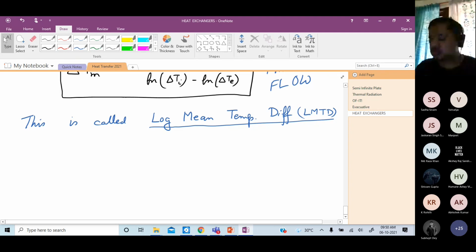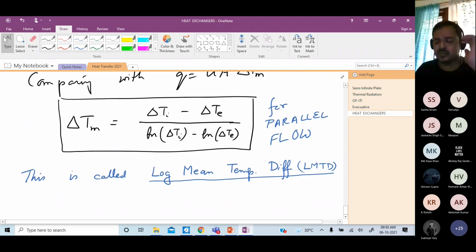So the log mean temperature difference for a parallel flow heat exchanger is this. How easy to remember, right? The temperature difference between the hot and cold fluids at the inlet minus that at the exit, divided by the difference of their logarithms.